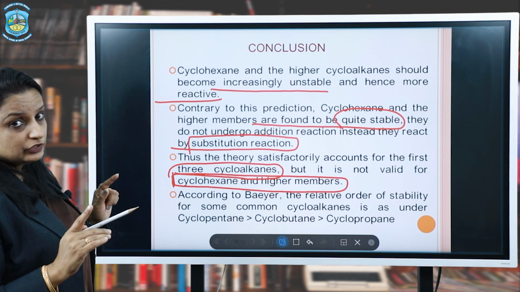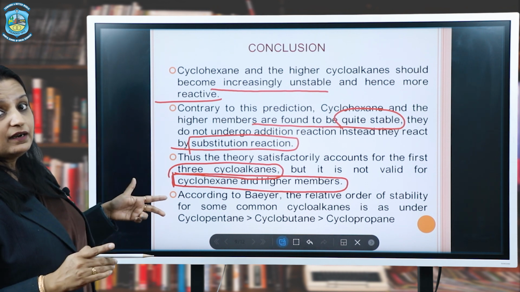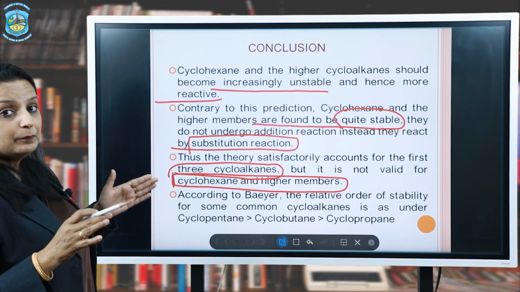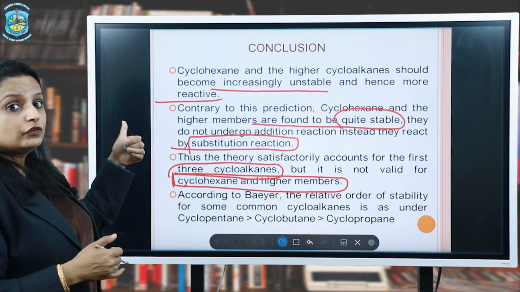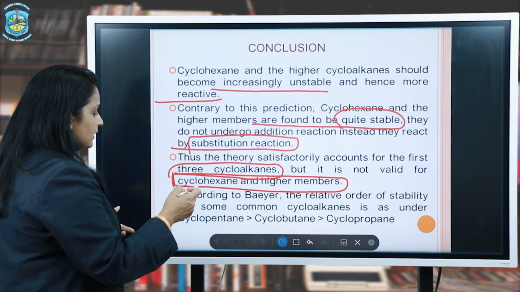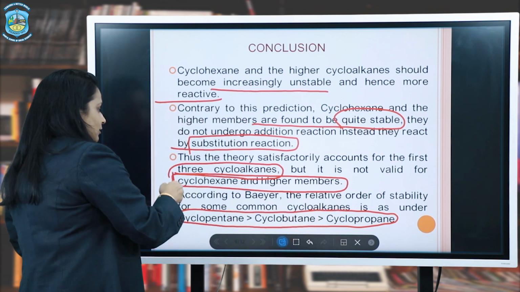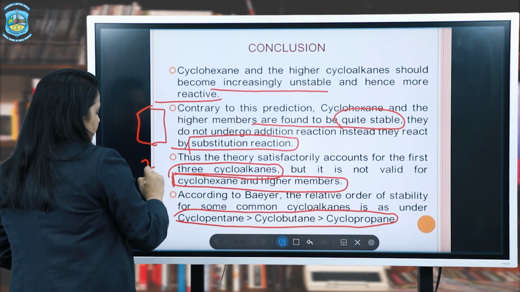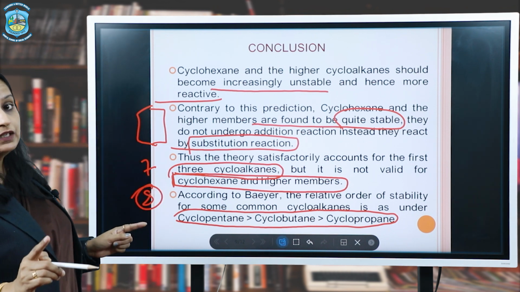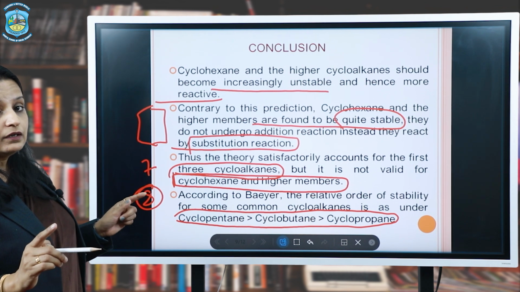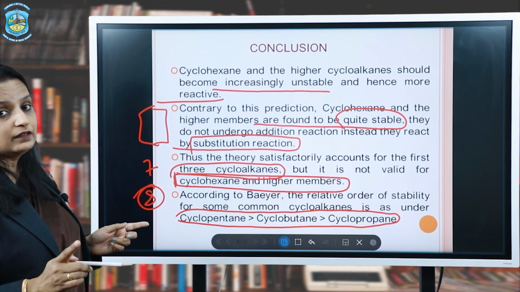And the reason I already told you is that they are not planar, but Baeyer considered all of them to be planar. So according to Baeyer, the relative strength of your first three cycloalkanes is this, and for cyclohexane, like 6 carbon, 7 carbon or 8 carbon, we cannot apply Baeyer strain theory due to their negative angle strain, and also they are not planar in their structure.